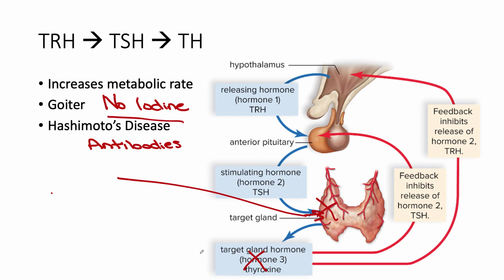So you have low levels of thyroid hormone. And even though that low level of thyroid hormone is causing both the hypothalamus and the anterior pituitary to try to make the thyroid gland make more thyroid hormone, it's just not able to do so. And so you have a slowing of your metabolic rate because you have less thyroid hormone.